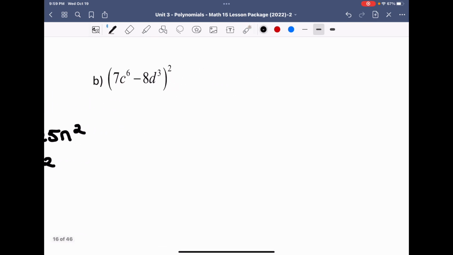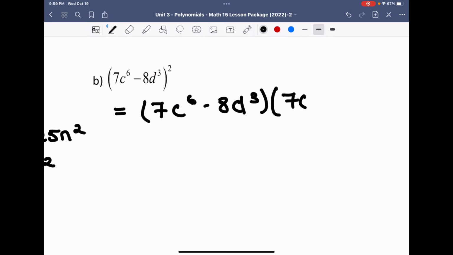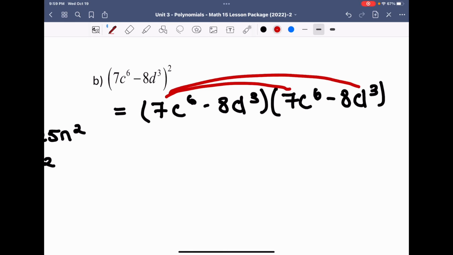So if I take this example here and I say it's squared, that's essentially multiplying this by the exact same thing, 7c^6 minus 8d^3 times 7c^6 minus 8d^3. If I FOIL this, I start with my first terms and then my outer terms.